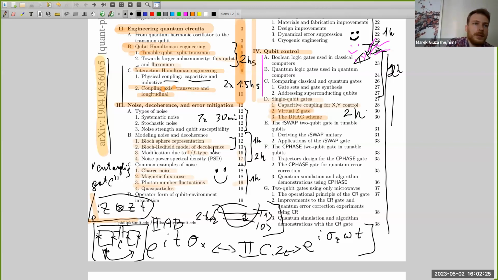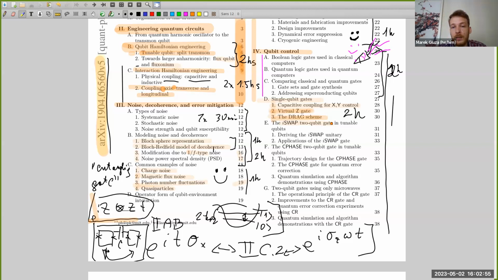iSwap gate, isn't it nice? Okay, it's nice. I don't know if that's wrong to say. It's not wrong to say. It's a 2-qubit gate that is the experimental equivalent of a CNOT. So in theory, everybody works with Cliffords, and in Cliffords we talk about the CZ gate or CX gates.